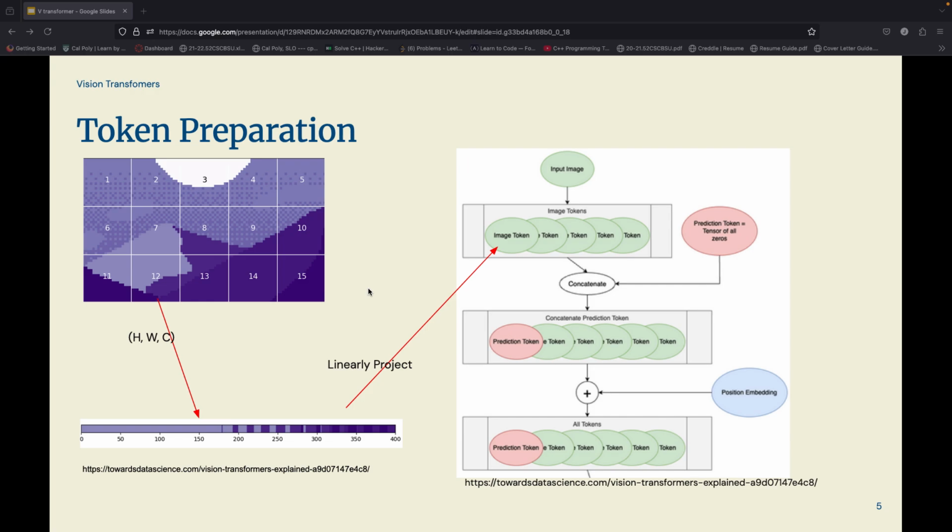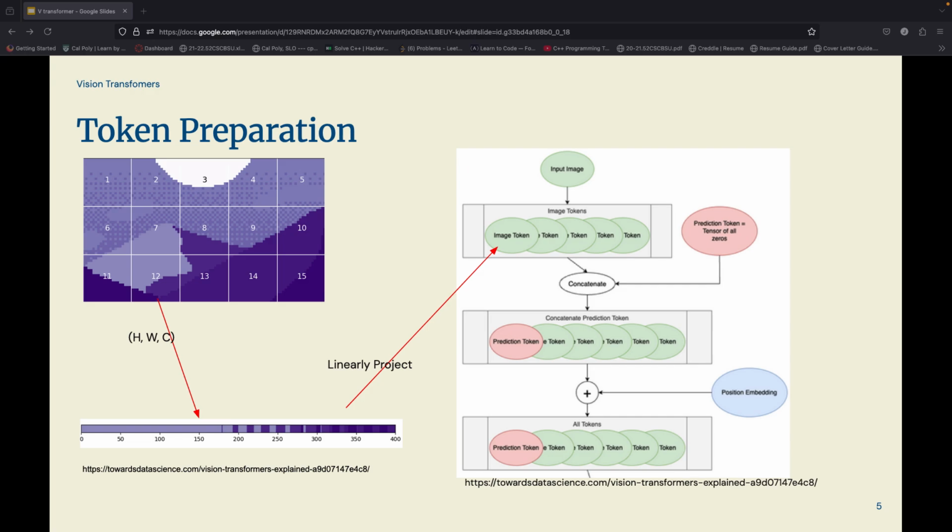As you can recall, the original transformers take in a series of words, and each word is encoded as some 1D vector.